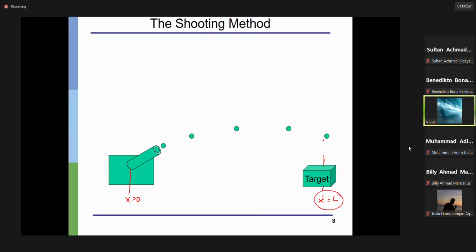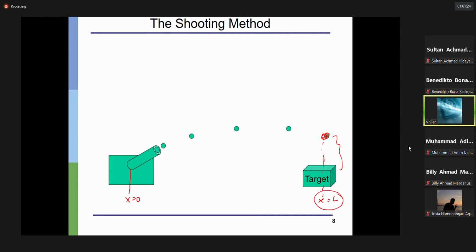For example, here the value at XL is too large, or we can say there is an overshoot. It means the result at this point is not satisfying the second boundary condition which is specified. So in this case, this distribution cannot be used.